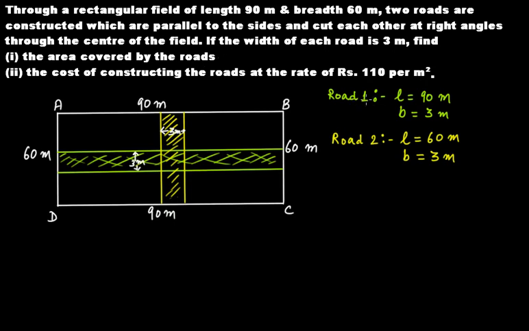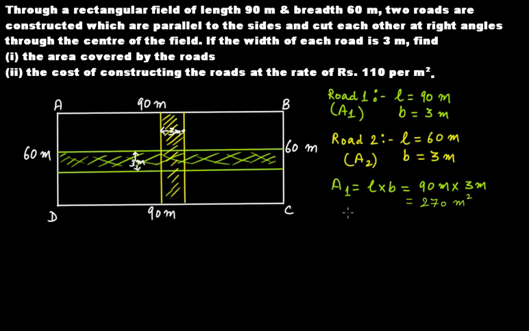Now here it's asking find the area covered by the roads. If we denote the area of road 1 as A1, and for this A2, let's calculate A1. So A1 is L times B, that is 90 meter times 3 meter, and you get 270 meters square.